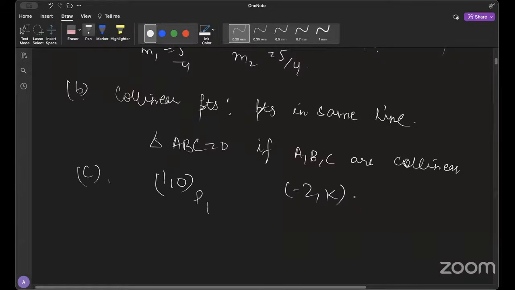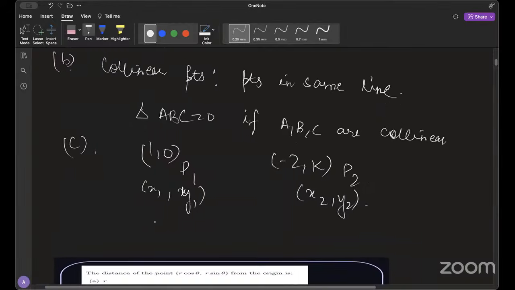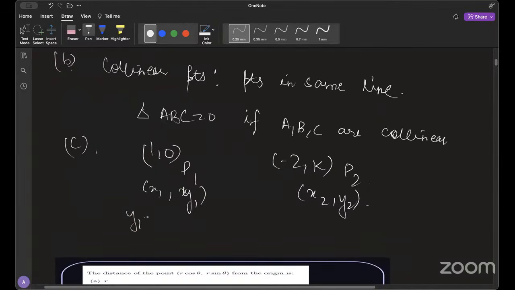This is the first point, this is the second point, let's call them x1, x2. If there are 2 points x1, y1 and x2, y2, then the slope of the line that passes through these points is given by y1 minus y2 by x1 minus x2, right?